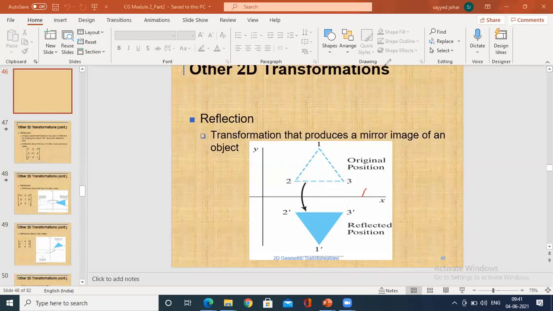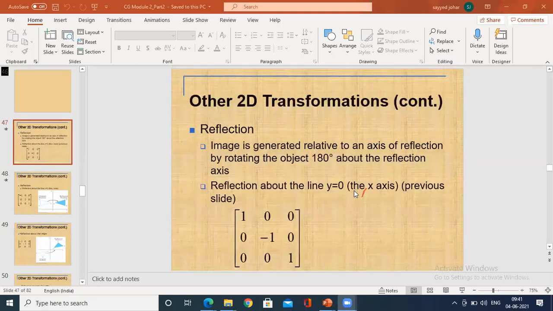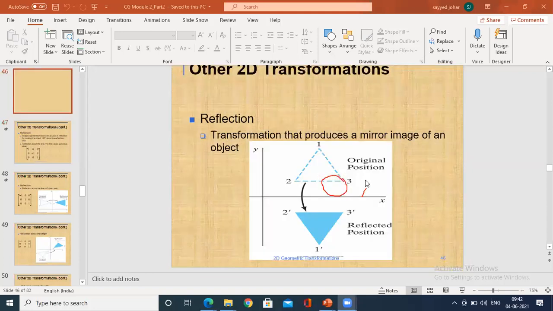In this case, how do you write the matrix? You write the reflection along the x-axis, that is, reflection about the line y equal to 0, where x will be equal to 1. If you have not understood, what about the directions?